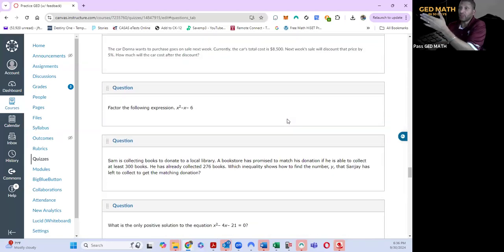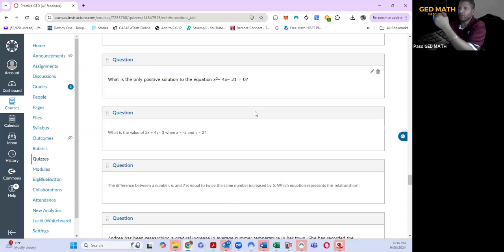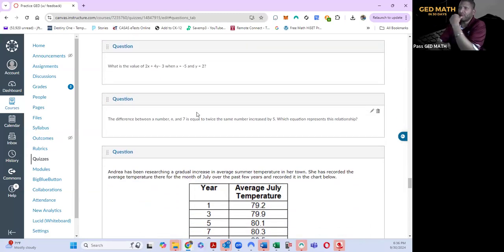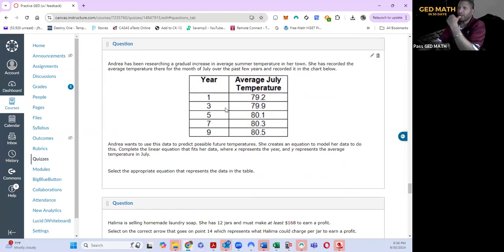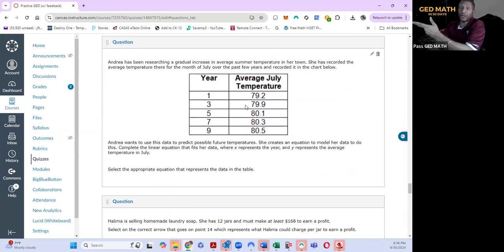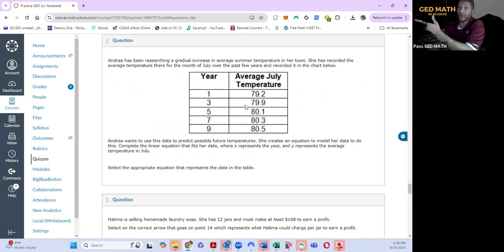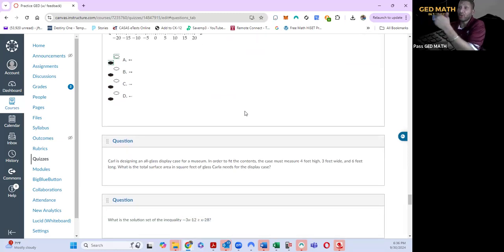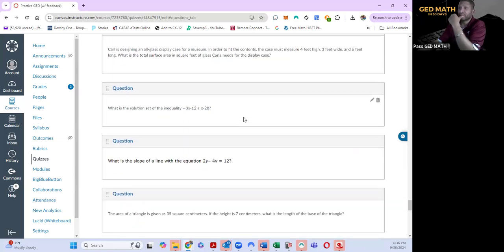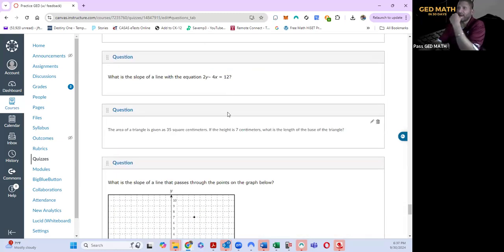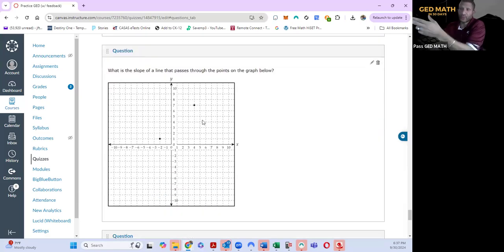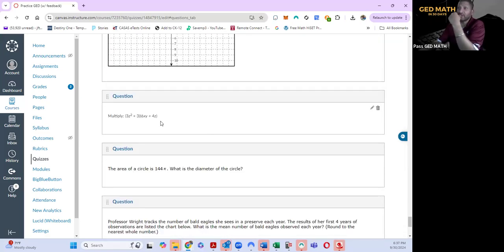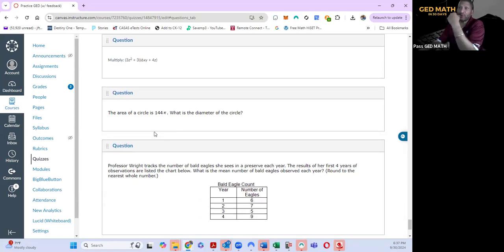Okay, look at all the different problems I have. There's another quadratic equation. There's an evaluation. There's an algebraic equation. There's a linear equation from a table. Inequalities. Slope of a line. Area of a triangle. Coordinate plane. Multiplying binomials.